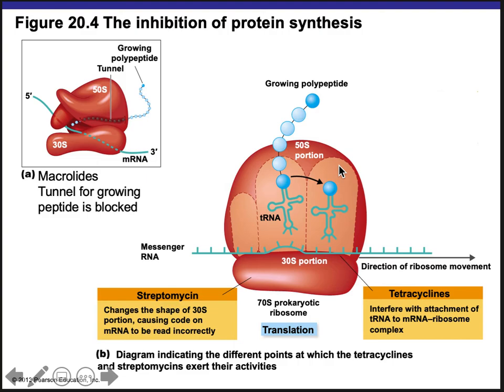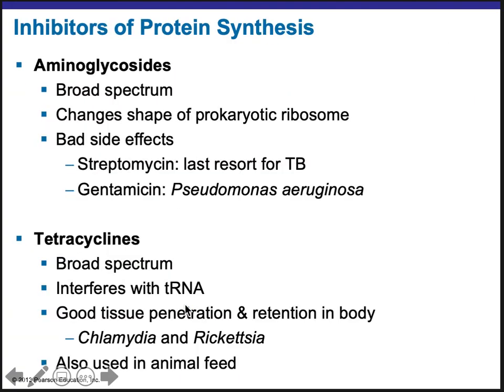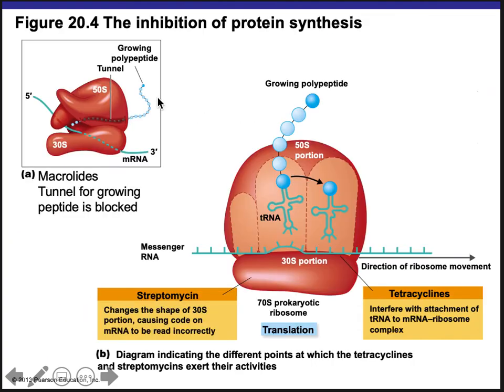Okay, so this is a review of those 3 drugs. Streptomycin, which I know I didn't write that, but I wrote it here. Streptomycin is one of the aminoglycosides. So the aminoglycosides, such as streptomycin, are going to target the 30S portion of the ribosome and block the mRNA and tRNA interaction.